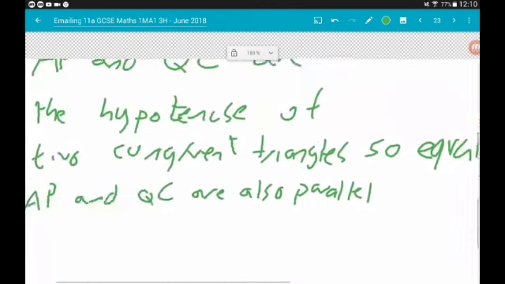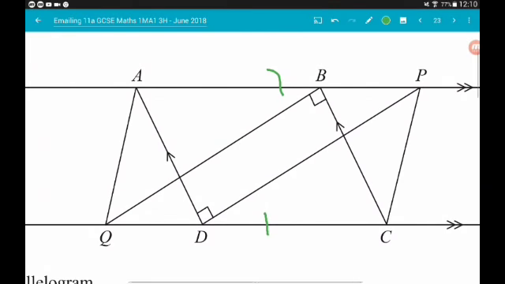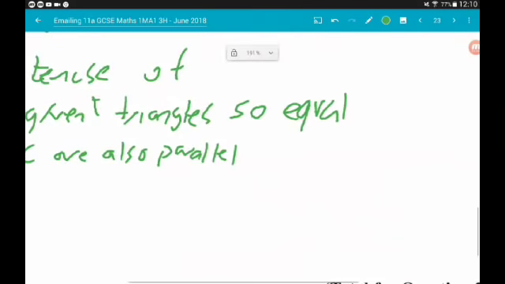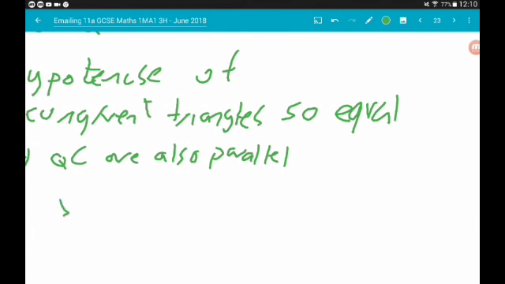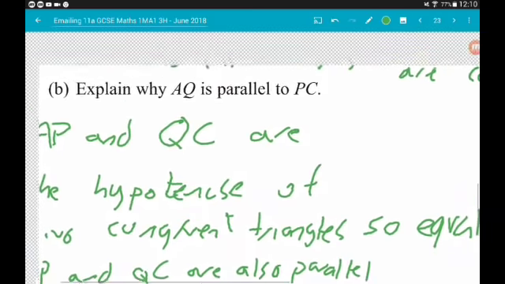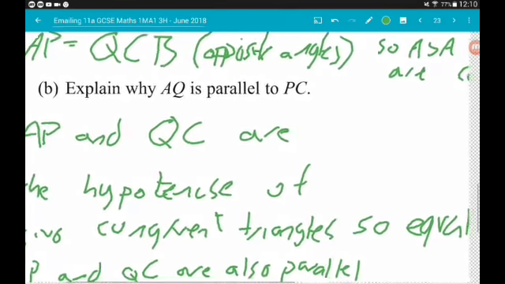So that means the whole shape APQC is a parallelogram, so AQ has to be parallel to PC.